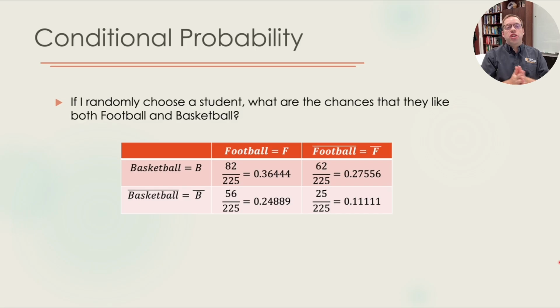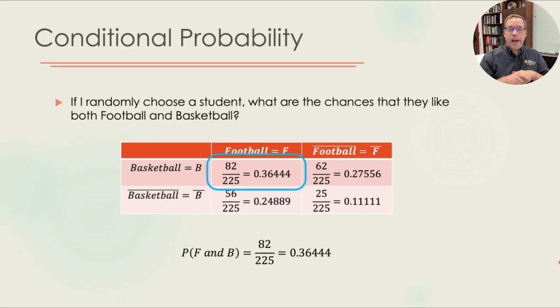If I randomly choose a student, what are the chances that they like both football and basketball? Well, you look for the one cell in this table that is both football and basketball. Okay, 82 out of 225 people like both football and basketball. That's 36%.